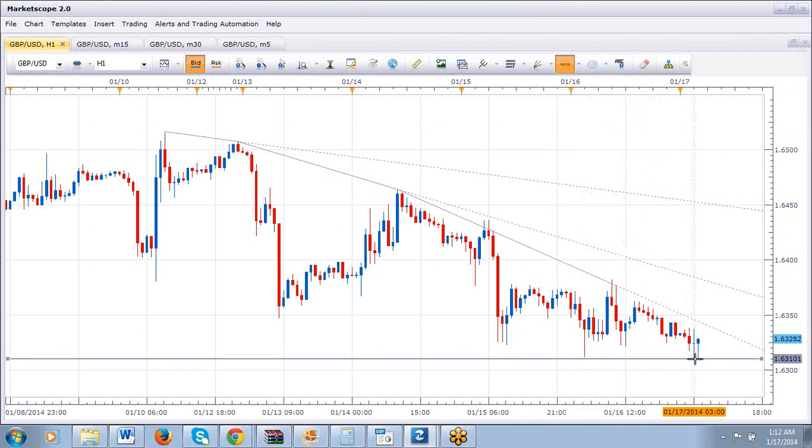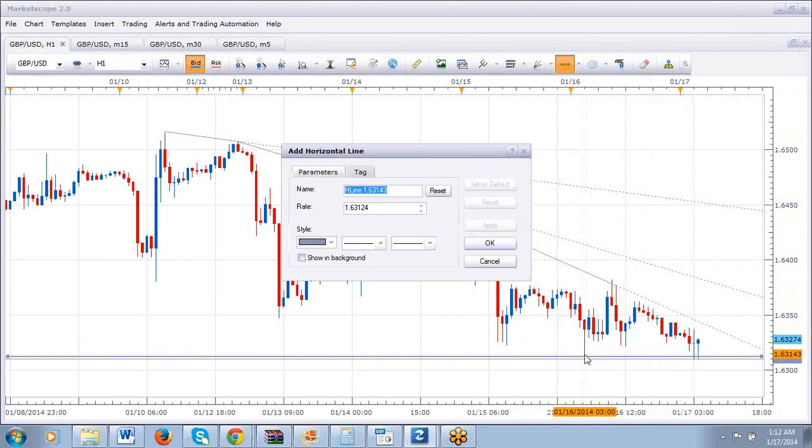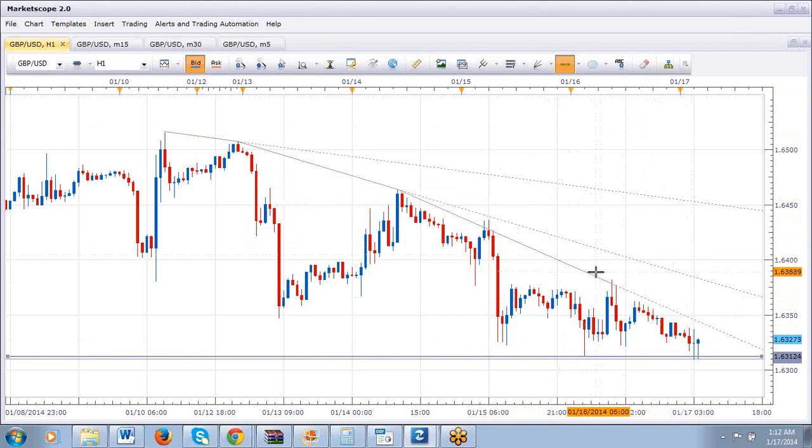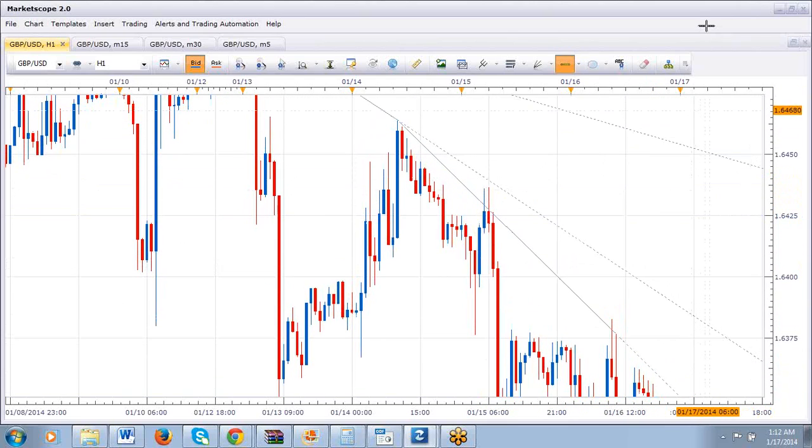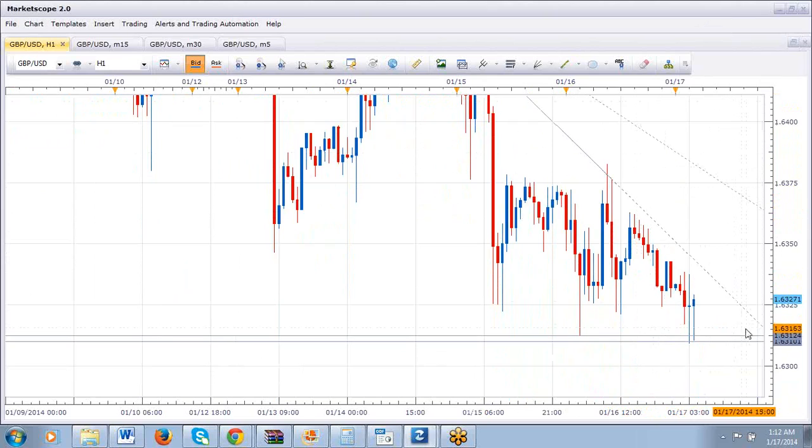Okay, so we have that new low. I can see very clearly that between 63.10 and 63.12, there's a 2 pip difference in terms of a demand point.